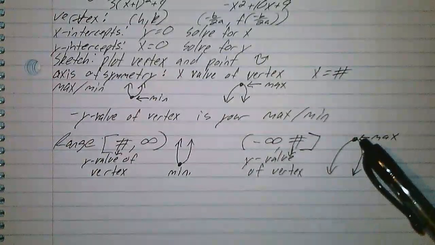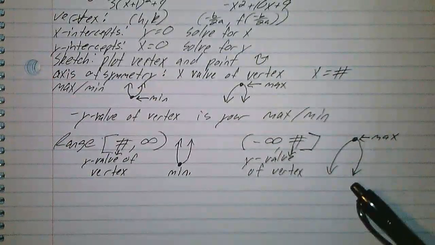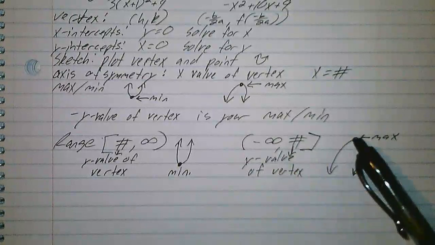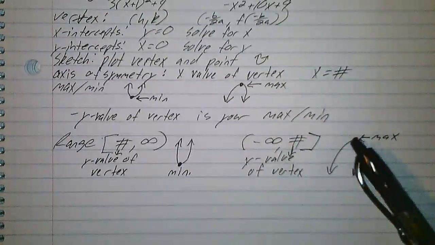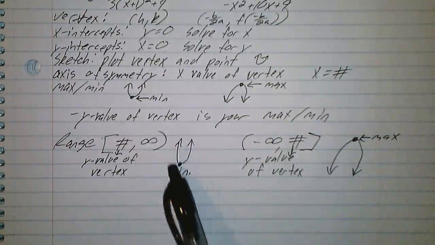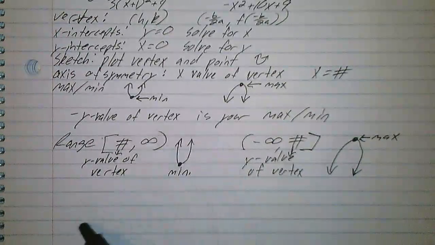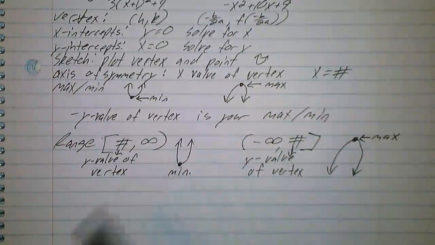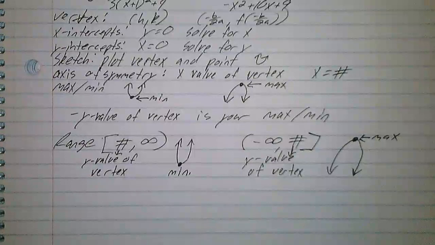So if we have a maximum, it opens downwards. The range is negative infinity to this y value. If the graph opens upwards, the range is that y value to infinity, the y value of the vertex.